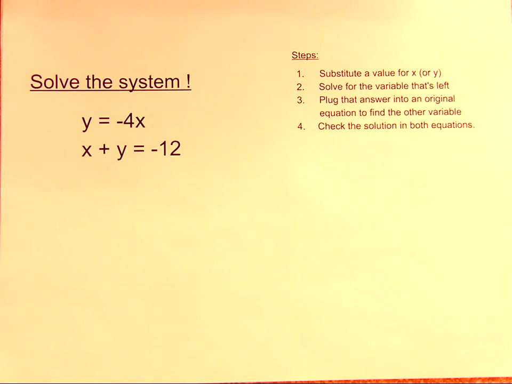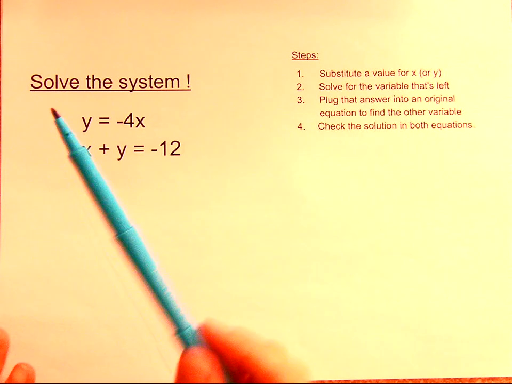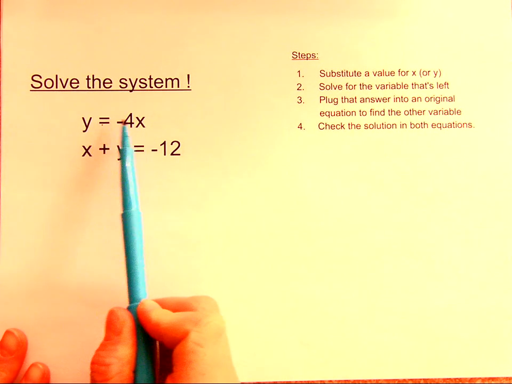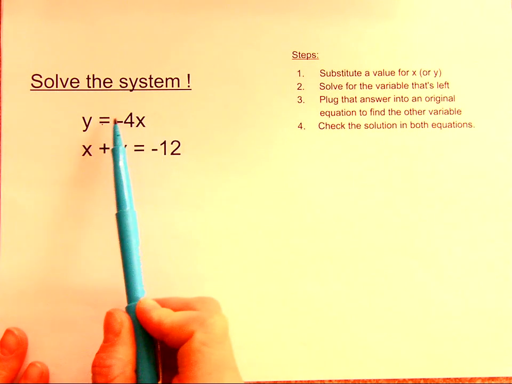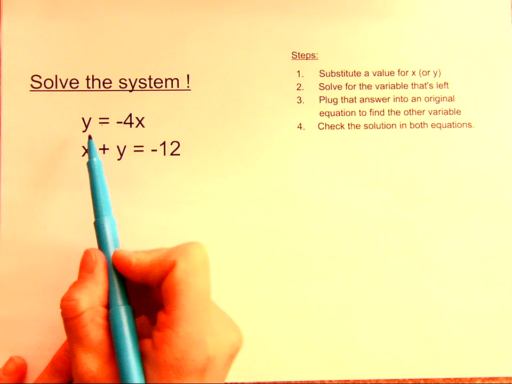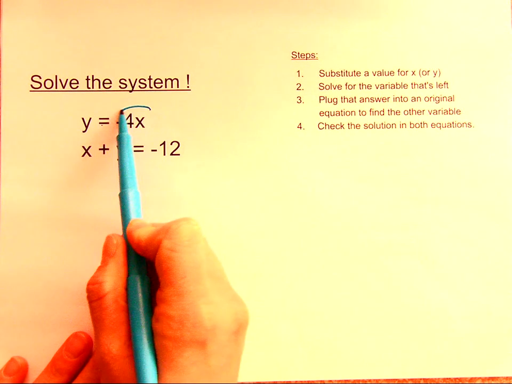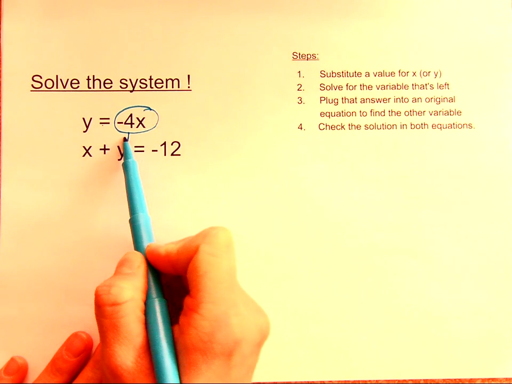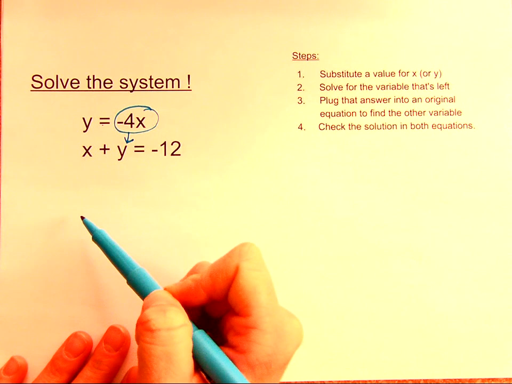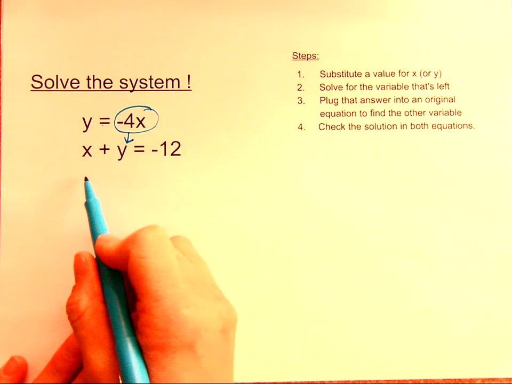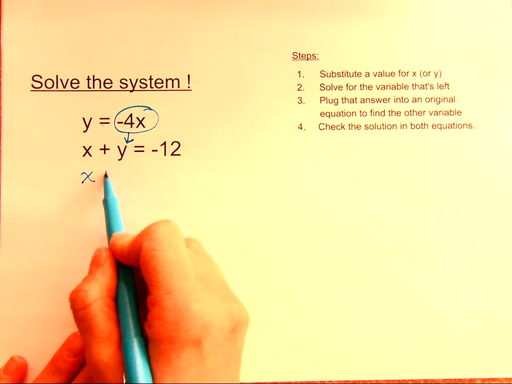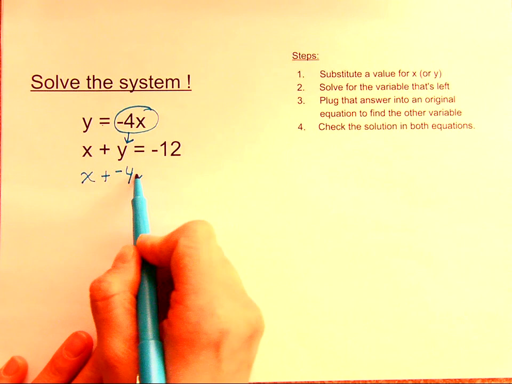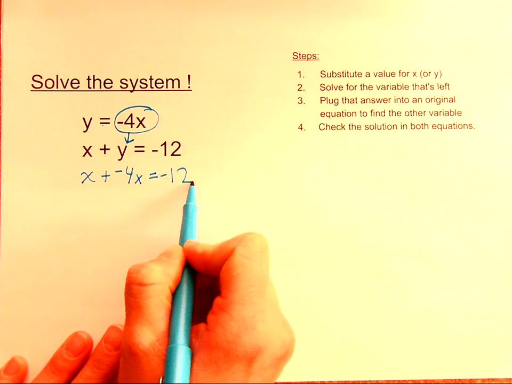Okay, so this is the first one I've given you where y or x does not equal just a number. Y is equal to -4x. But we still know y is equal to this, so I can still replace y with -4x. So x plus -4x is equal to -12.